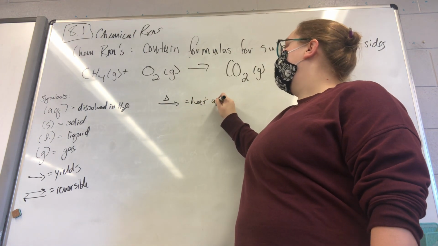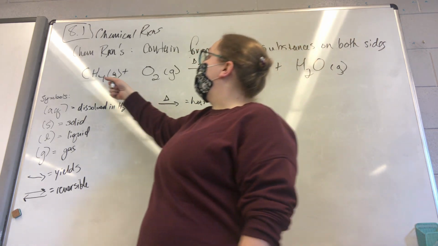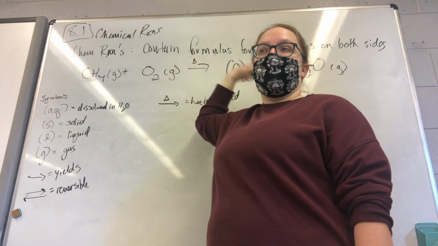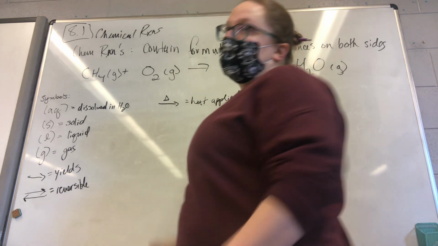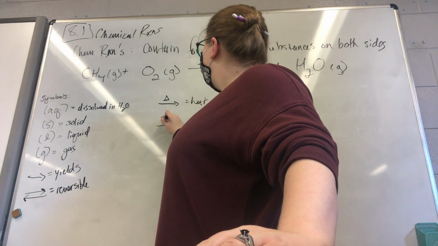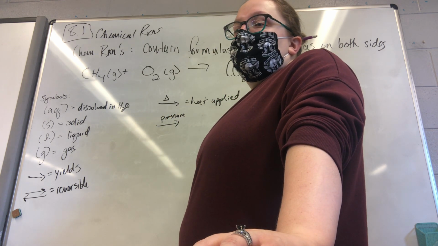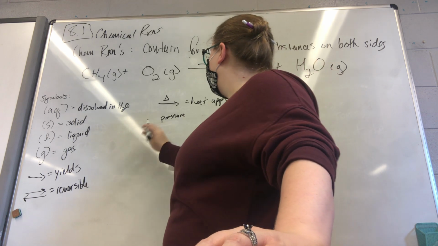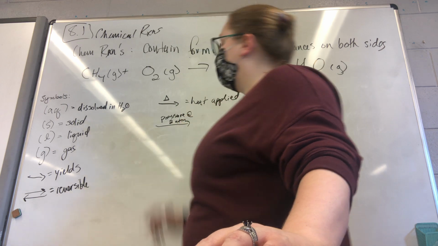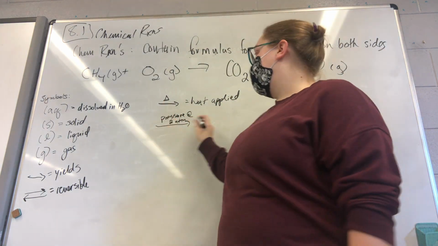It means heat applied. So if I put a delta up here, it means I took these two things, added them together, and I applied heat to this particular equation to make it happen. Okay? That's not what we're doing. You got pressure, which means what? Typically, when we write this, we would give a value. So it means do the reaction at a pressure of 2 atmospheres. Okay?